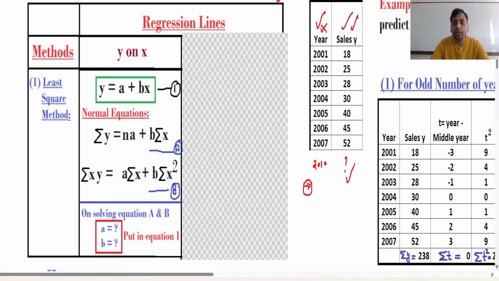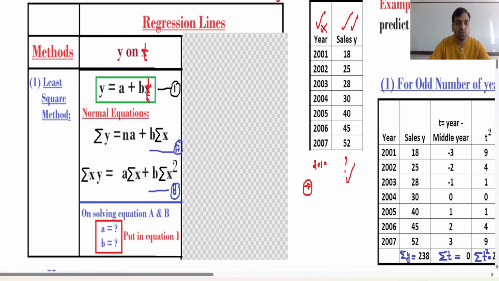Now your x is very large in terms of year, 2001, 2002. So when you find a term like summation x square, then this is a very large term. So we will convert this x into another number, that is t. So we will replace this x by t.